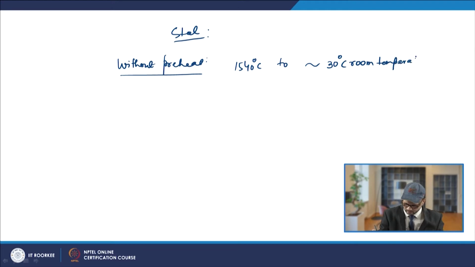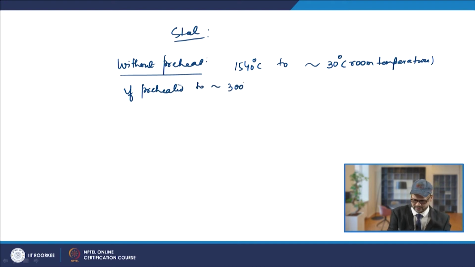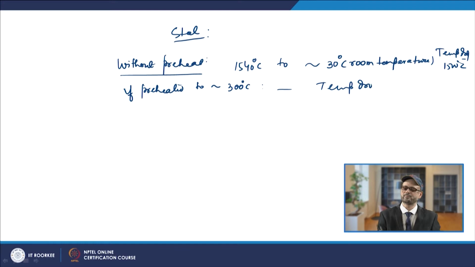So your temperature drop is about 1500 degree centigrade. But if you preheat to about 300 degree centigrade, your temperature drop will be maybe about 1200 degree centigrade. So here the temperature drop is about 1500 degree centigrade, and here it will be close to 1200 degree centigrade.